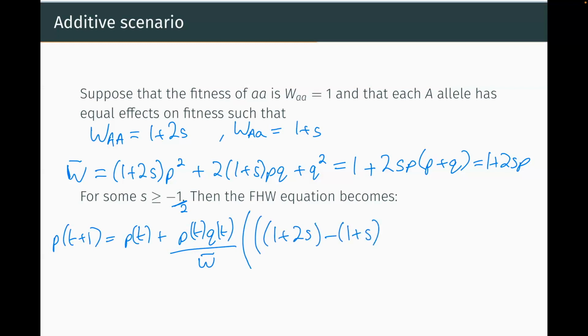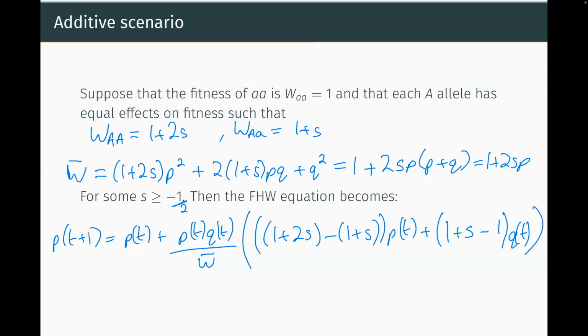So that's the difference in fitness between our homozygous individuals with big A and heterozygous individuals. That's going to get multiplied by p of t. And then the fitness of our heterozygous individuals, 1 plus s, minus the fitness of little a homozygous individuals, which is 1, times q of t.